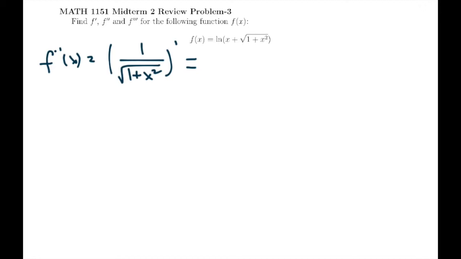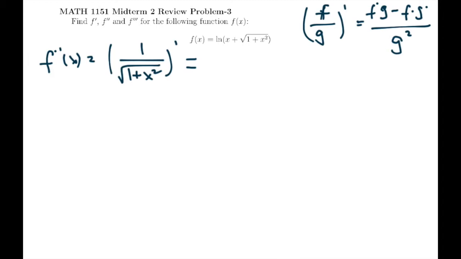So remember, the quotient rule is given by f over g prime equal to g squared in the denominator, and for the numerator it is f prime times g minus f times g prime.